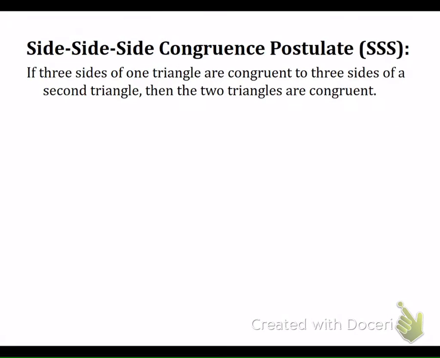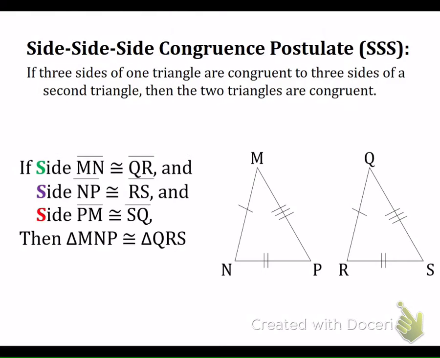So the first one is called the side congruence postulate. We'll call it the SSS for short. If all 3 sides from one triangle are congruent to all 3 sides of a second triangle, the 2 triangles are congruent. So SSS, side. Here would be an example of when you could use this. Yes, this goes in the box.